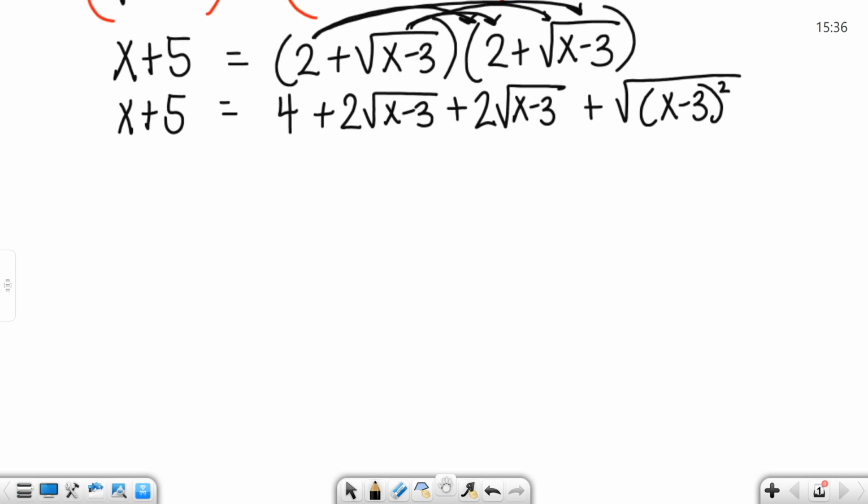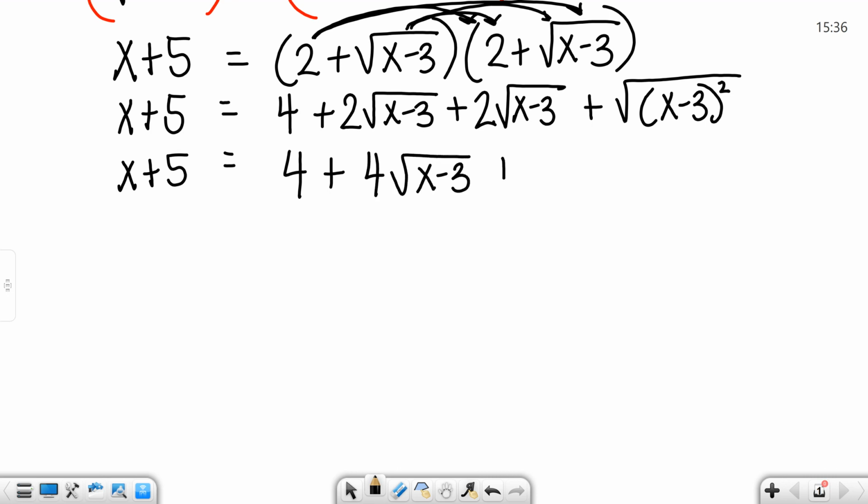All right, so let's do some simplifying here. These two in the middle are like terms, so that would be plus 4 on the square root of x minus 3 plus this last term down here, we are taking the square root of a square, so we're left with just the x minus 3.